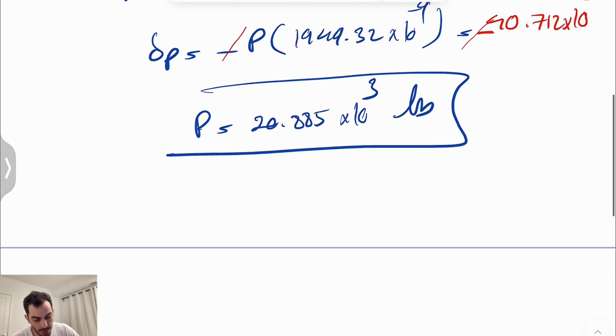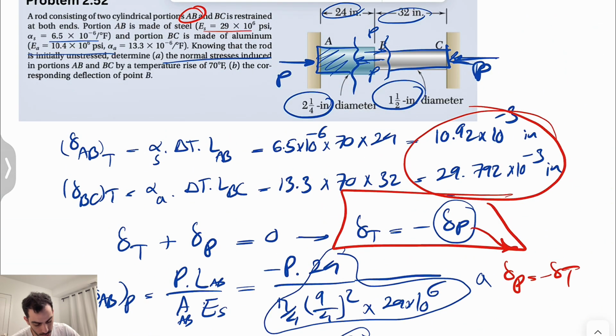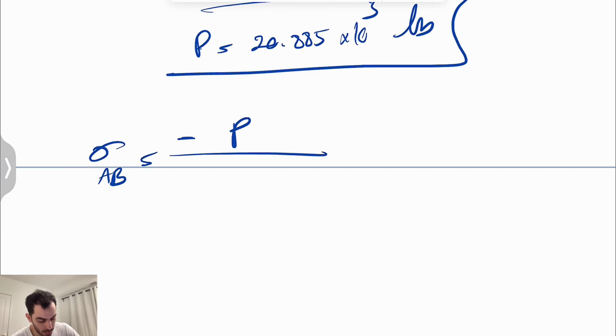Now that we have the force, the rest of this is pretty easy. We just have to find the normal stress in AB and BC. The normal stress in AB, first of all, is in compression, so it will be negative: the force divided by the area, pi divided by 4 times the diameter.